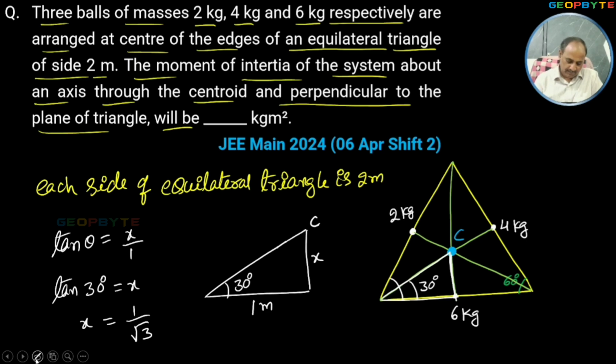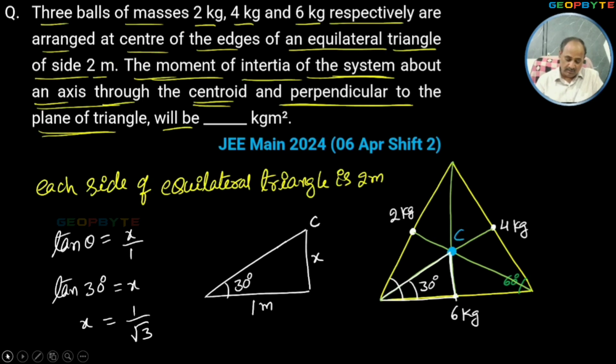So you are asked to find the moment of inertia of the system about an axis through the centroid and perpendicular to the plane of the triangle.